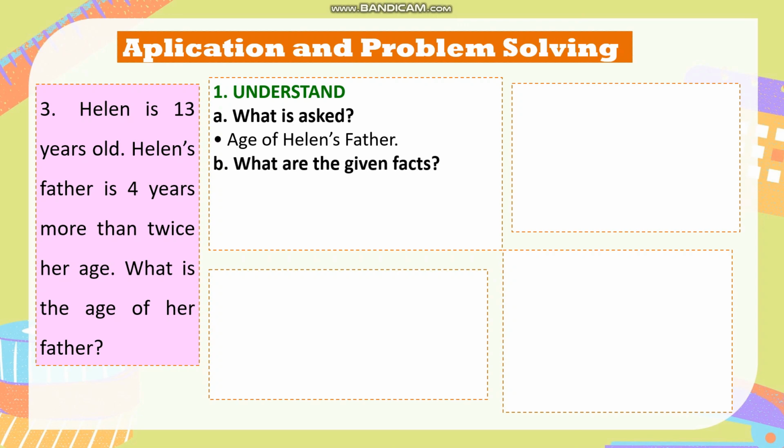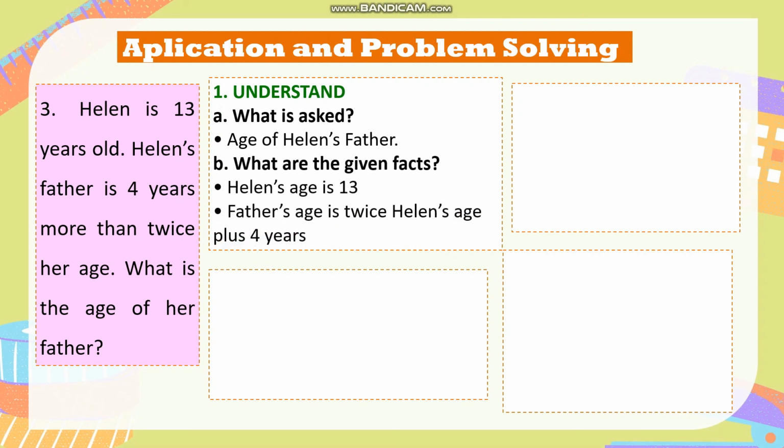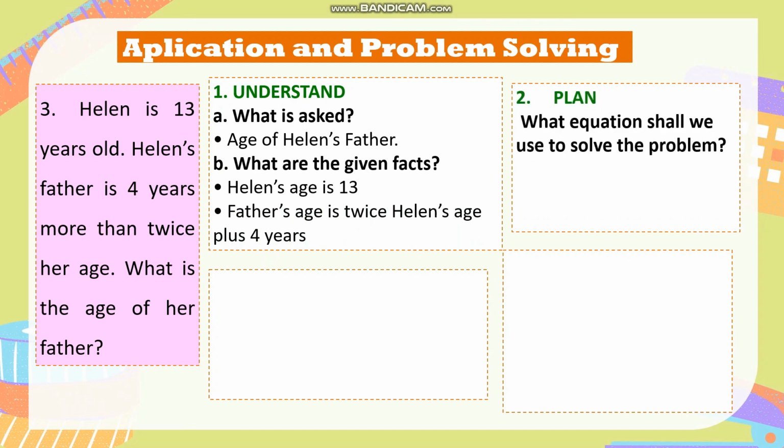Letter B. What are the given facts? Helen's age is 13. Father's age is twice Helen's age plus 4 years. Number 2. Plan. What equation shall we use to solve the problem? Let x is equal to the age of Helen's father.